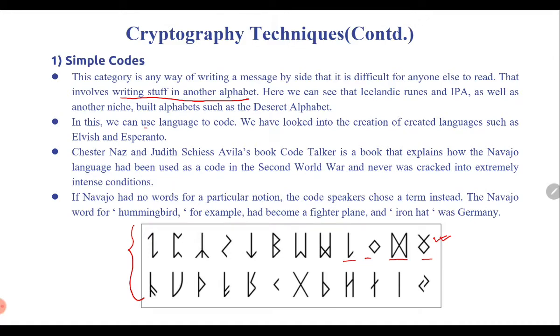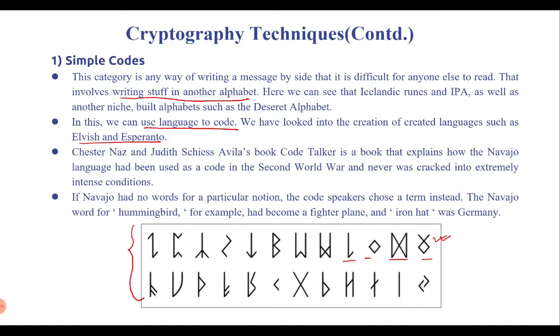We can also use language to code, and we have looked into the creation of created languages such as Elvish and Esperanto as of now. So these are various languages which are used in order to establish communication. Similarly, some of the unknown languages can also be used in order to establish communication or send messages between two parties.